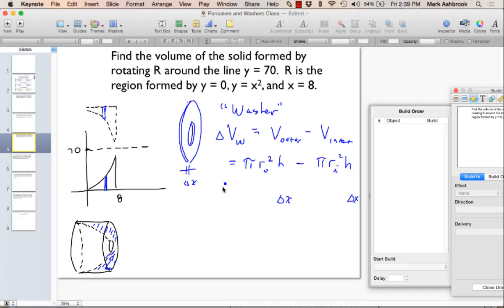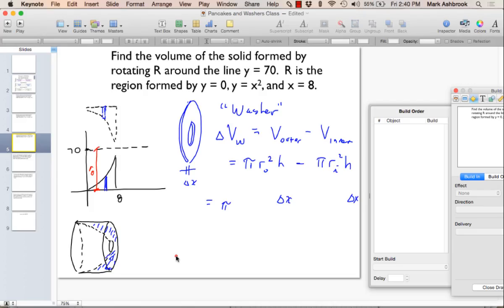Let's start with the outer radius first. Use the original region and rotating line. The outer radius is from here to there. Is it an x coordinate, a y coordinate, a change in x, or a change in y?